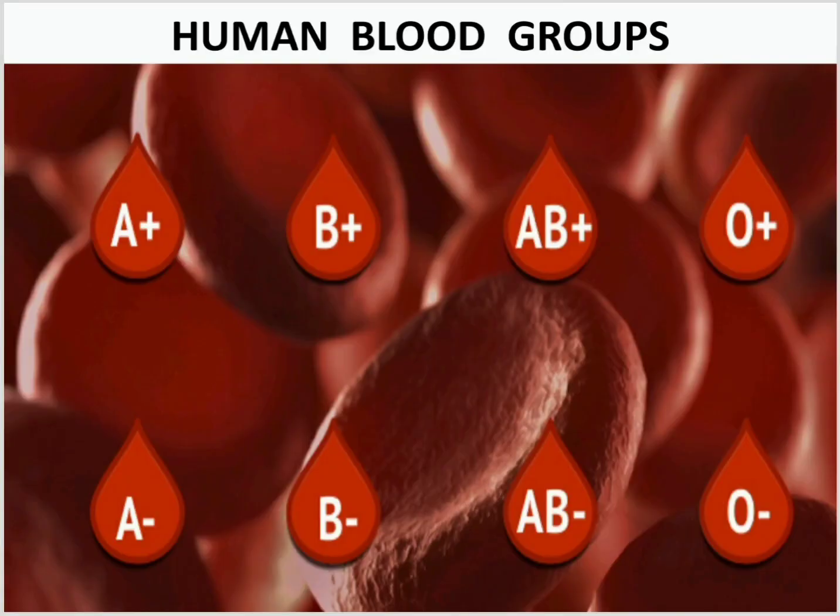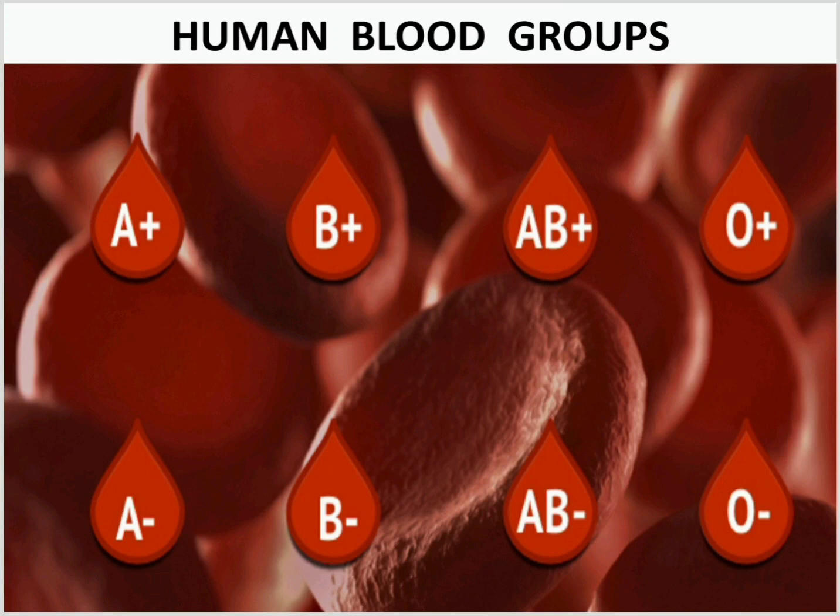Next, let us look at the human blood groups. Depending upon the proteins like antigens and antibodies, different blood groups are formed in human beings. Basically, there are four main blood groups, that is A, B, AB and O. Besides this, blood can be divided into two types based on Rh negative or Rh positive.